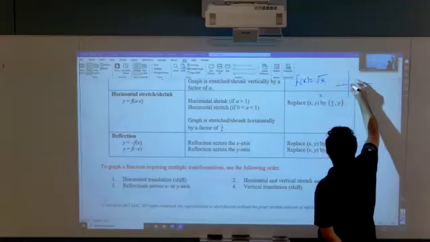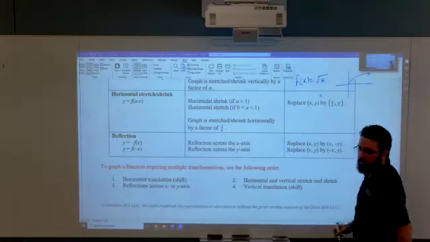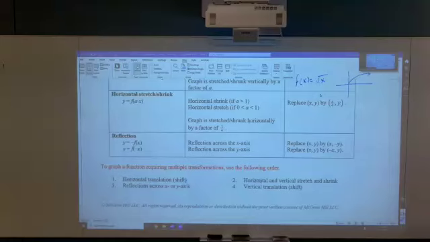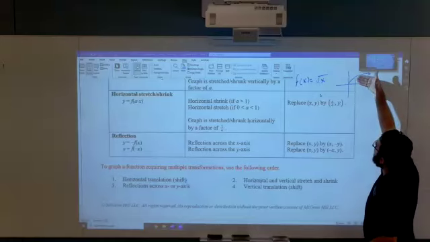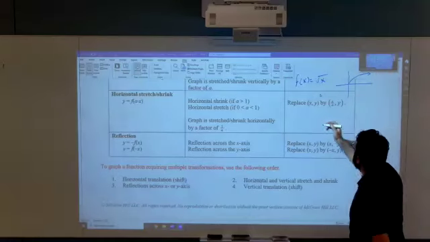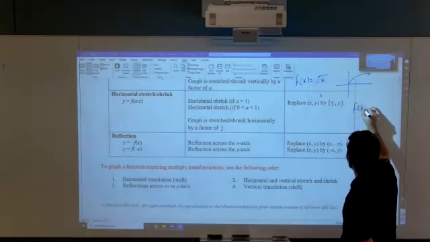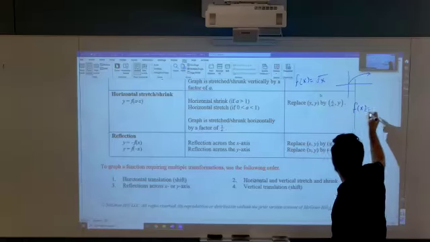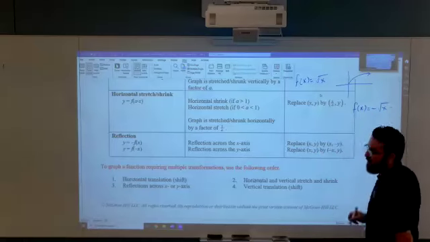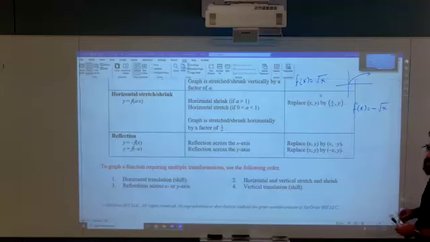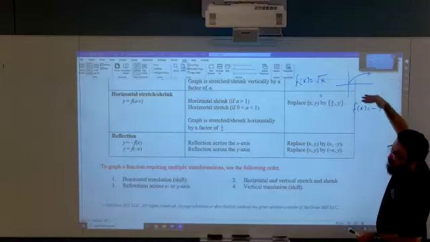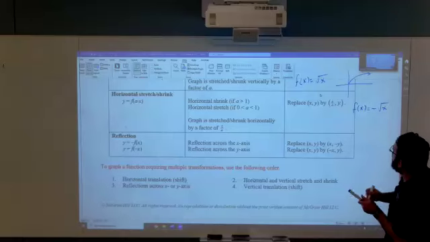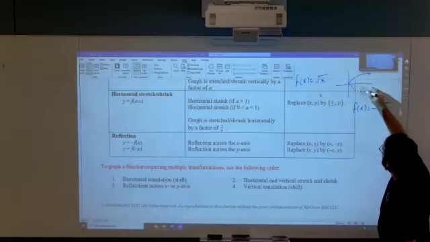The graph is going to be like this, right? Yes or no? So if I want to reflect over the x-axis, let's say we have f of x equals negative square root of x. So what's going to happen to the graph? Reflect over the x-axis. That means the new graph is going to be where?